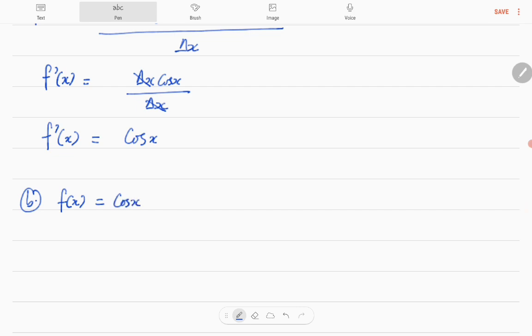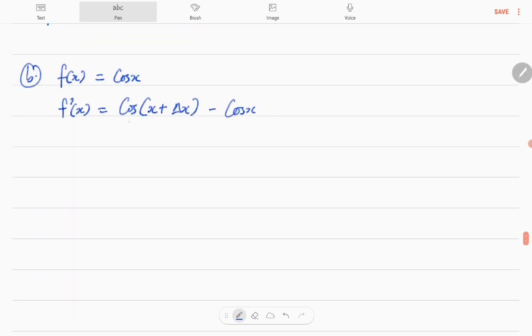Now the second one, you have your f of x equal to cos x. Using the same first principle of derivative, you have f prime of x is equal to cos of x plus delta x minus cos x, divided by delta x.